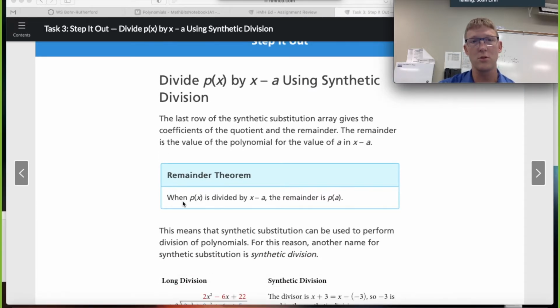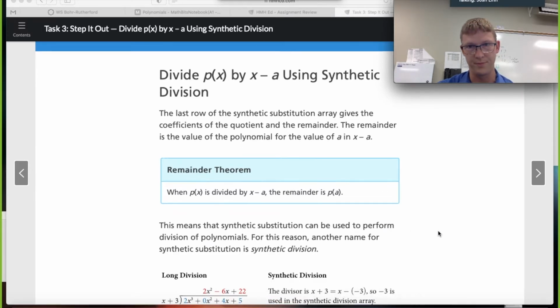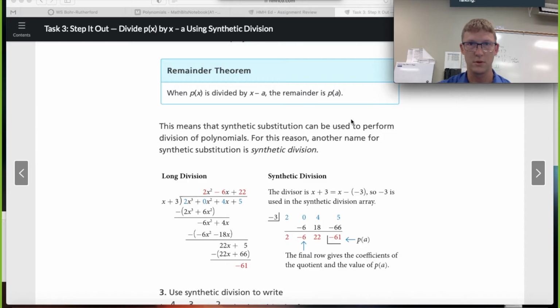So the remainder theorem: when p of x is divided by x minus a, the remainder is p of a. So that's going to be a number. Anyway, so we can use synthetic division to divide polynomials similarly to how you would divide regular numbers.